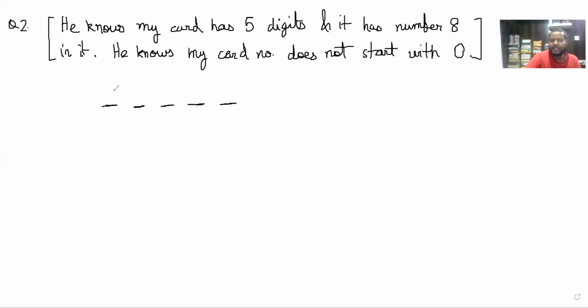So the first position can be anything from 1 to 9, and it has an 8 somewhere. 8 has to be somewhere. Now, the problem with direct computation, if you want to find out how many possible numbers fit this so that the thief will know how many to try, is that it becomes a little complicated because you don't know how many times 8 comes.